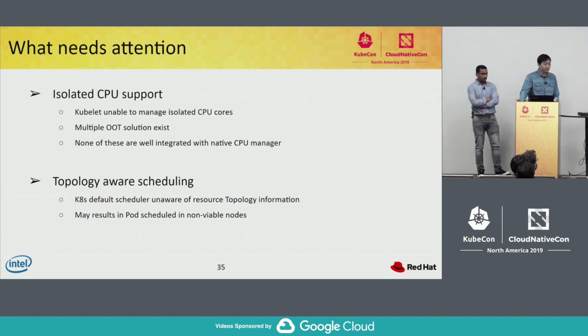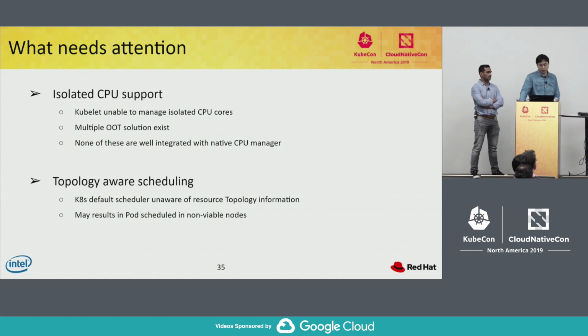Still, there are some things we need to pay more attention to. For example, the isolated CPU support. Currently, if you specify isolated CPUs in the boot parameters of Linux, they cannot be managed by Kubernetes, which could be a problem since for a telco use case, we would like to use those CPUs dedicatedly for packet forwarding.